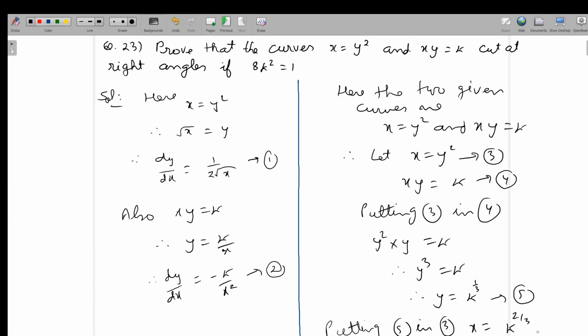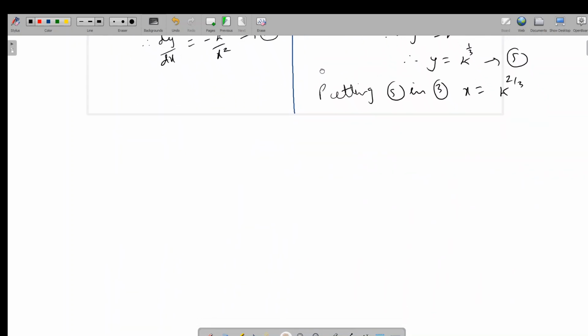Therefore, we can say that the common point between them will be x1, y1, that is k raised to 2 by 3, k raised to 1 by 3. So that is what we'll take. Let us go further in this.